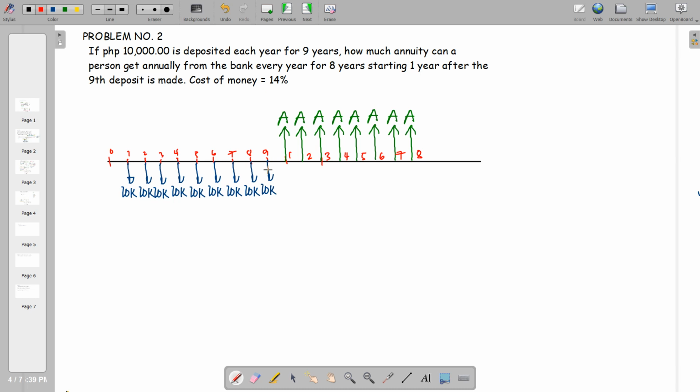that 9th deposit. So the question here is, what is that equivalent annuity for these equal payments made for 9 consecutive years? So what you do here is to first select your timeline, or the most convenient timeline. We can work on this cash outflow and cash inflow, because we equate this cash outflow to the cash inflow at a common timeline.